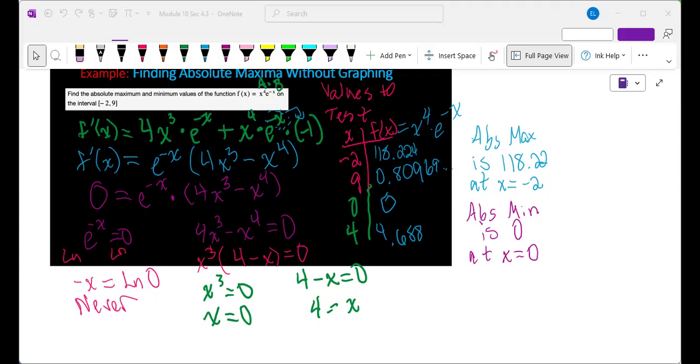Now, real quick, I'm just going to graph it on Desmos so we can actually see the doodle. x to the fourth, e to the negative x.